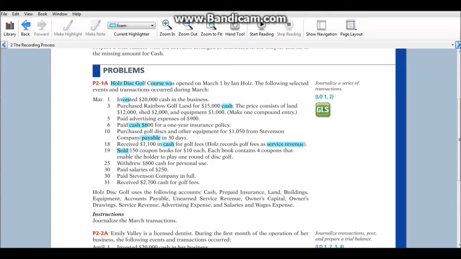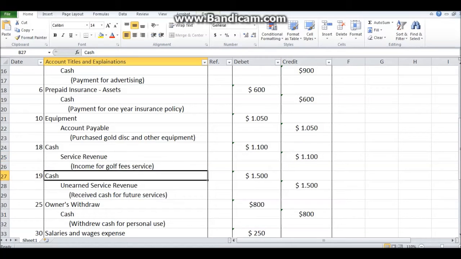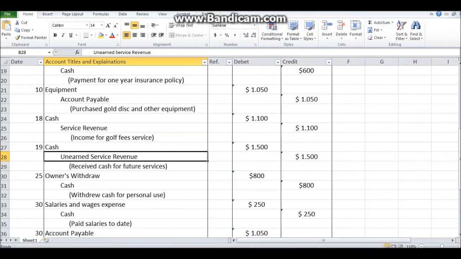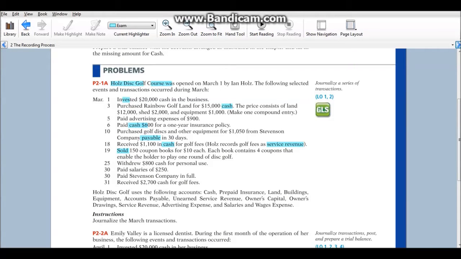At this stage the golfer hasn't used that coupon yet, so in that term it is called unearned service revenue. They already purchased it, but they haven't used it. Okay, so cash and unearned revenue.